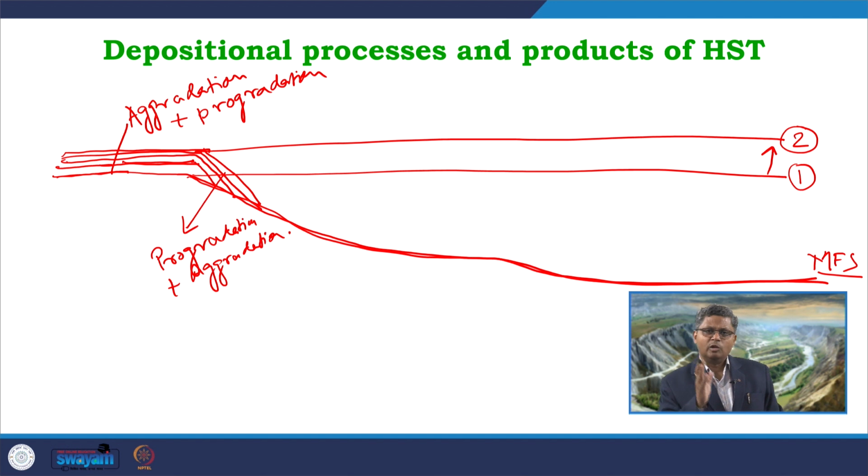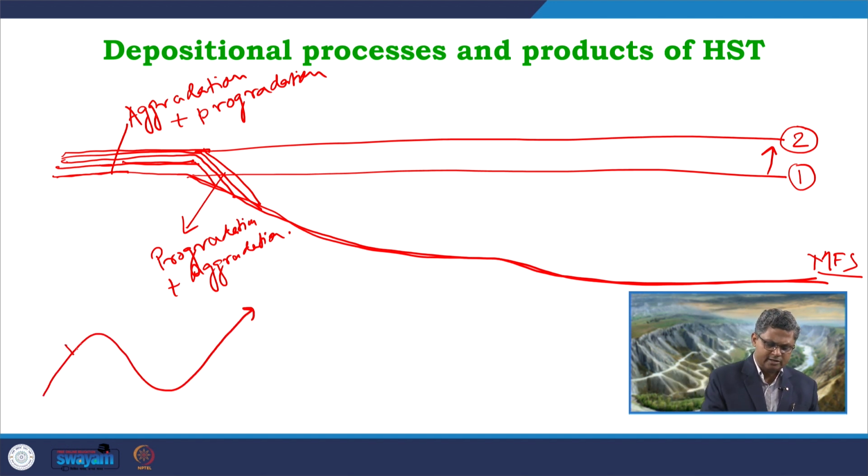If I look at the overall base level curve, we are looking at somewhere here in this part of the curve, which indicates the HST, where the base level is rising, and due to this rise extra accommodation is created, and that accommodation is immediately consumed by the supply of sediments, which is going on at a much higher rate.